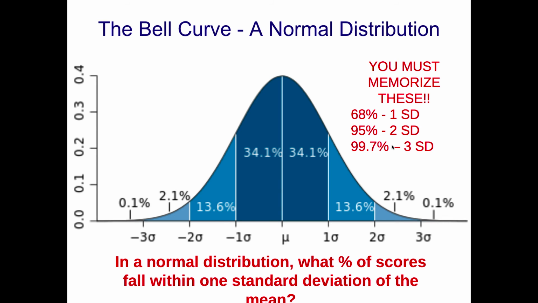I want to use the example of IQ. The average IQ is set at 100. And standard deviation for IQ is 15. That means one standard deviation above the mean is a 115, and one standard deviation below the mean is an 85.